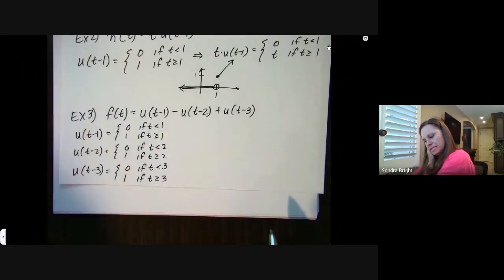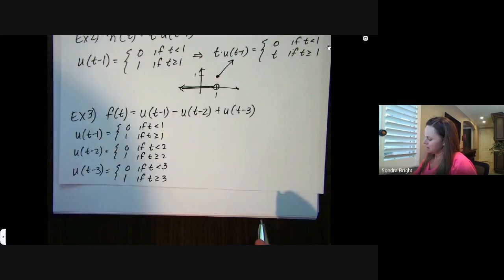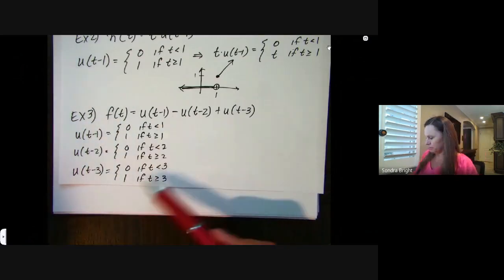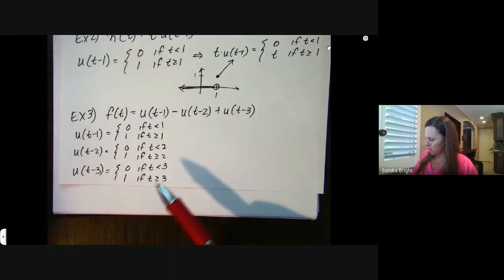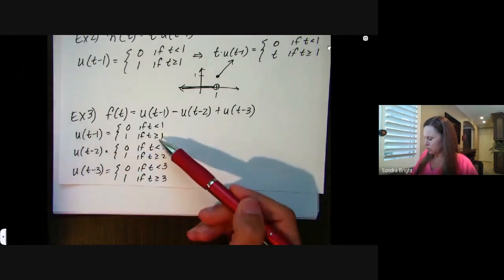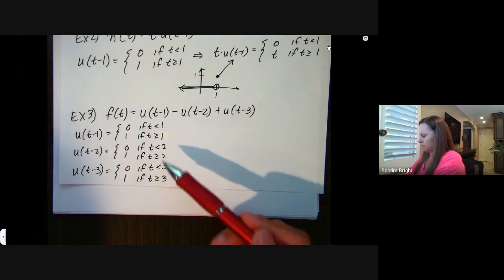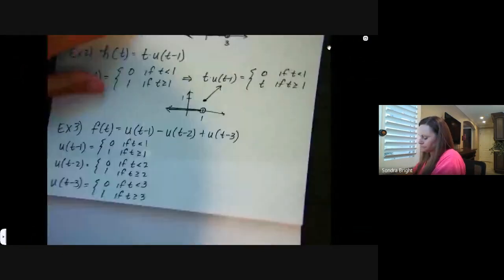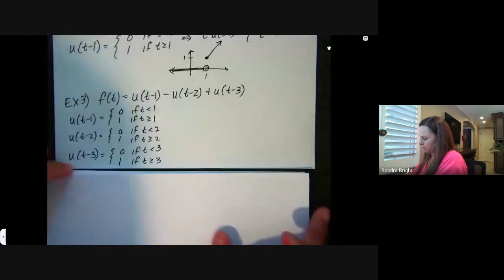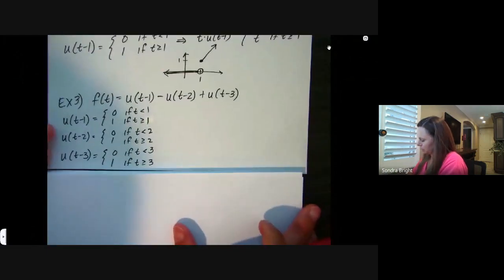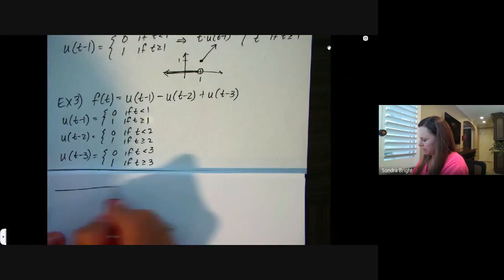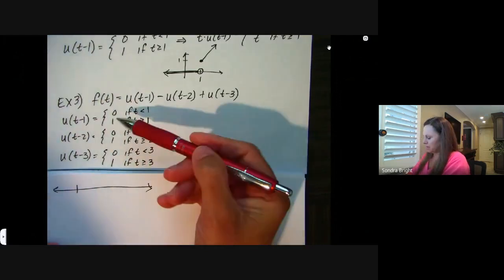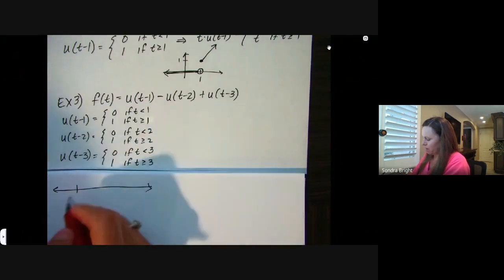And so hopefully you can see that your values are changing at 1, and then at 2, and at 3, right? So different things are happening in each of these intervals. All right, so I'm going to draw a little number line to just remind me that for u of t minus 1, it goes from 1 and on, right?